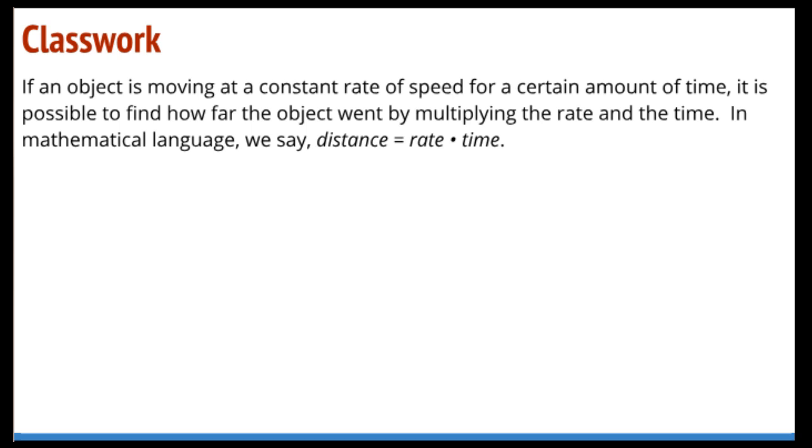So for example, maybe I have a distance of 100 yards. I am going to represent the speed as a rate, and maybe I'm going to represent it as the rate of feet traveled in a second, and then I have an amount of time that is involved, and maybe that is seconds.